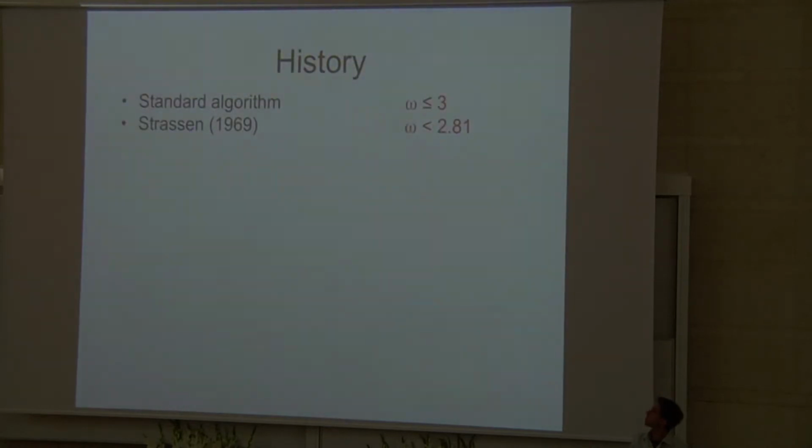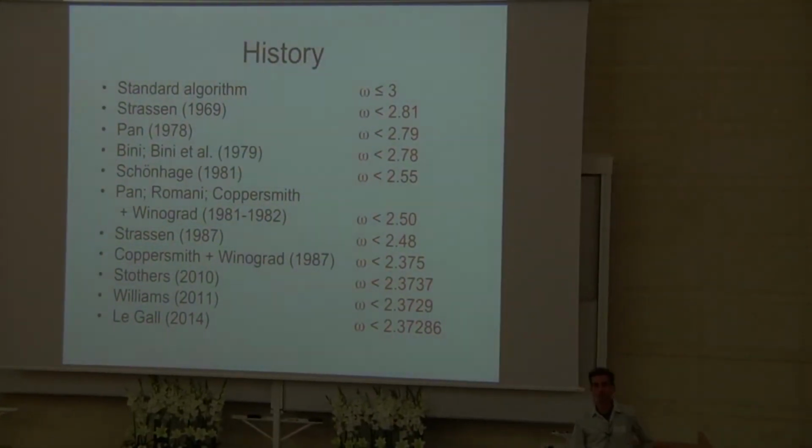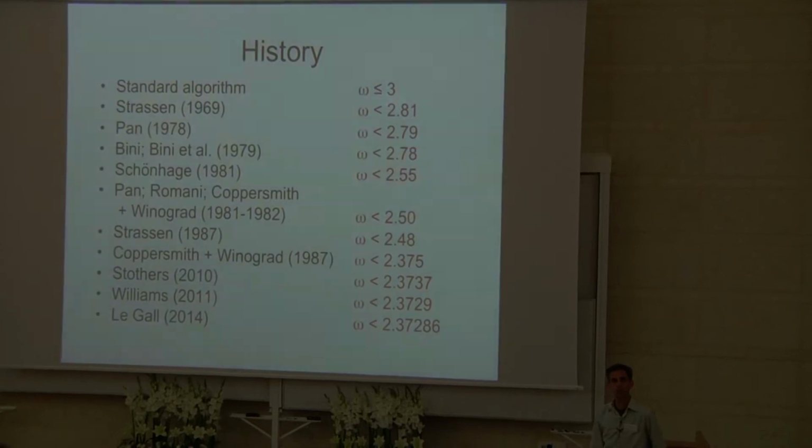In those terms, the standard algorithm proves an upper bound on omega: omega is less than or equal to 3. Strassen proves that omega is less than 2.81. And then there's a whole sequence of works following that over many years that have slowly improved the exponent. Some of these improvements are small, but they represent big conceptual advances.